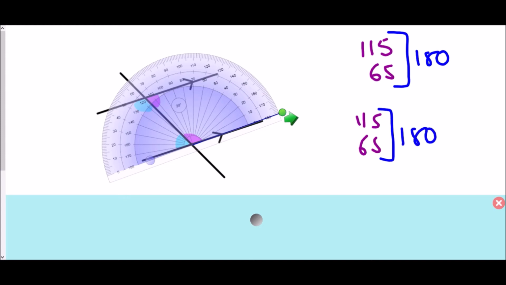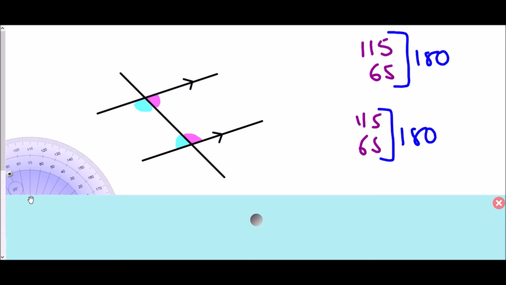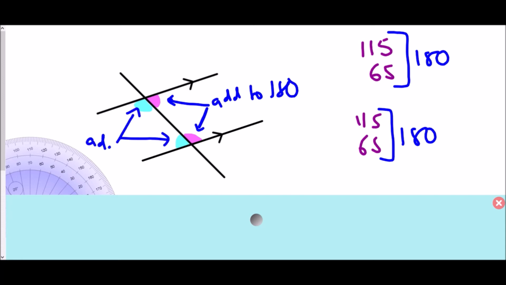And so this time, the pairs do something slightly different. My pair of pink angles add to 180. My pair of blue angles also add to 180. Now, why is that the case? Well, in this case, it's a third and final rule.